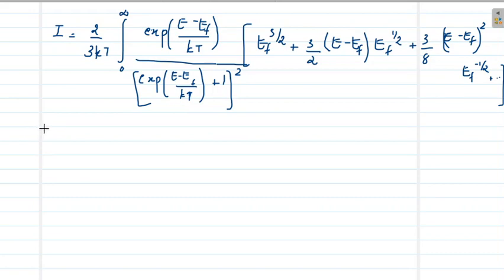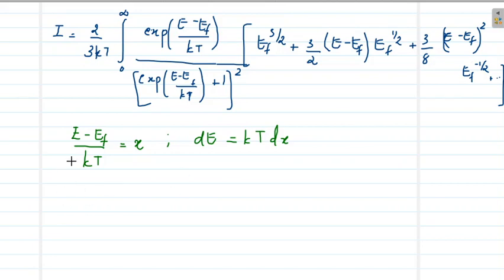Now let us substitute for (E minus EF) by kT. Let us take this factor (E minus EF) by kT as simply x. So if we make this substitution, (E minus EF) by kT equal to x, then what will be dE? dE will be kT into dx.